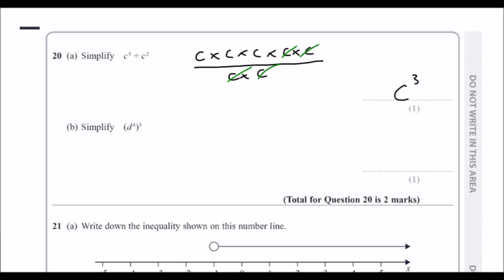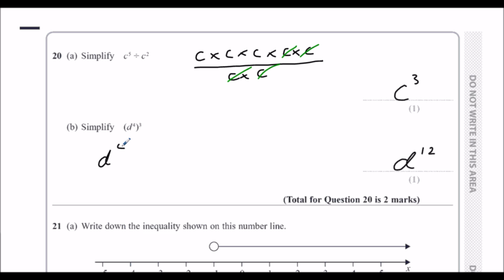Part B, simplify d to the power of 4, all cubed. So when we've got a bracket with our indices, we times the powers. So 4 3s are 12. So we've got d to the power of 12. And that's because cubed means times itself and times itself again.